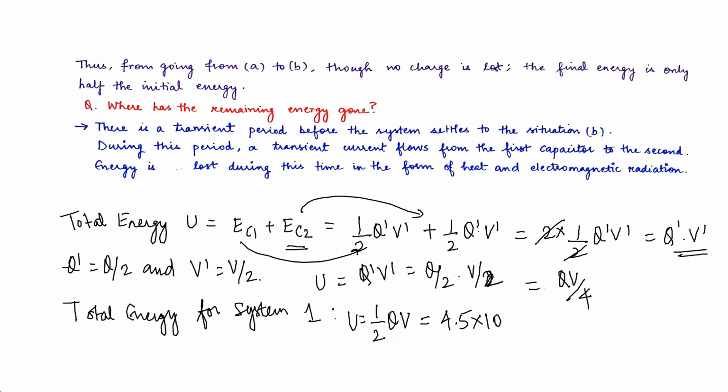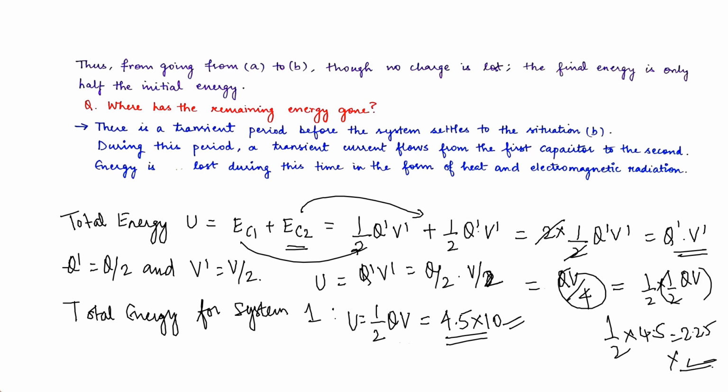Now this thing can be resolved as 2 into half QV. Sorry, this is not 2 into 1 by 2, it is 1 by 4 now. 1 by 4 can be resolved as 1 by 2 into 1 by 2 QV. The 1 by 2 QV value comes from here. Then 1 by 2 into 4.5 will give us 2.25 into some power values.